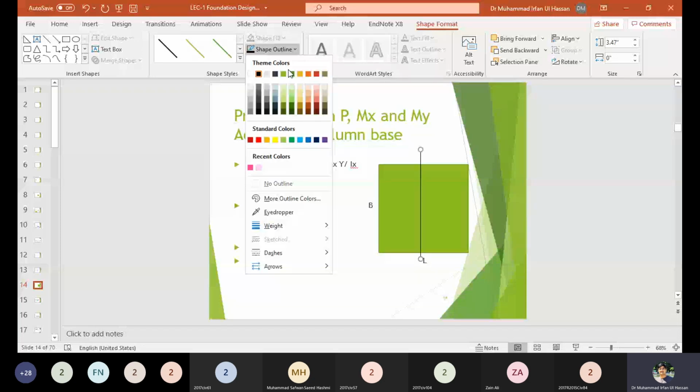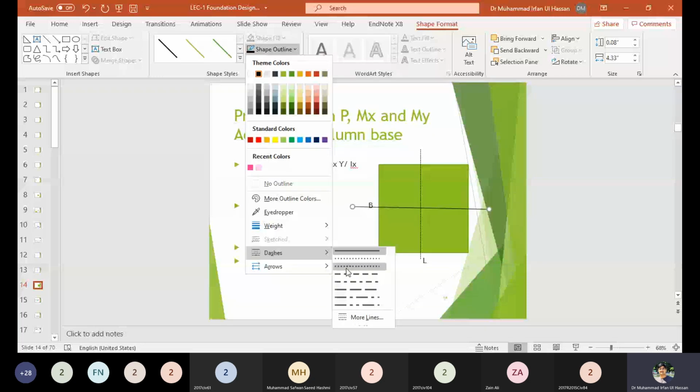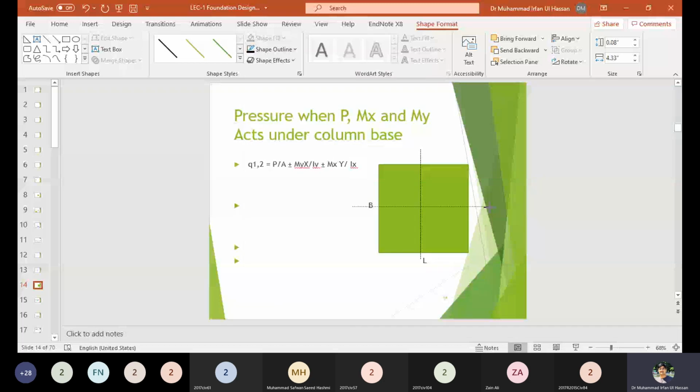And if the moments are acting at the center, not only in one direction but also in the other direction, then how to compute the pressure?